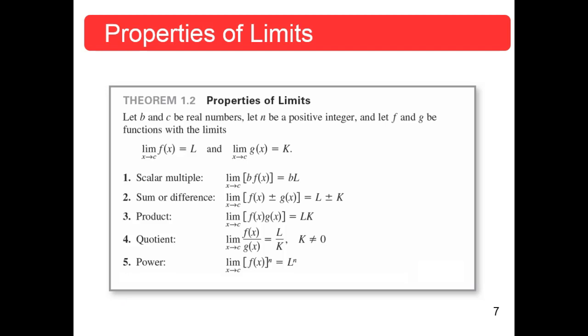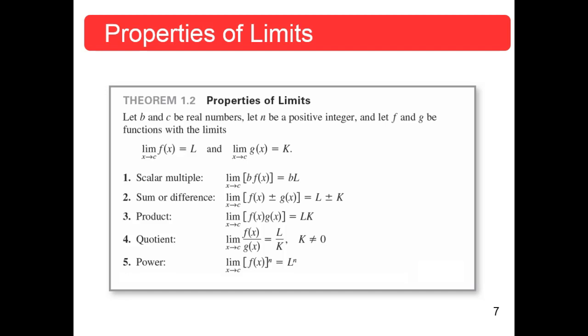Limit of a quotient. This is the one that always, when you give a quotient, you have this little caveat you have to say. The limit as x approaches c of f of x over g of x would be the limit of f of x, which is L, divided by the limit of g of x, which is k. That's only true if k is not equal to 0.